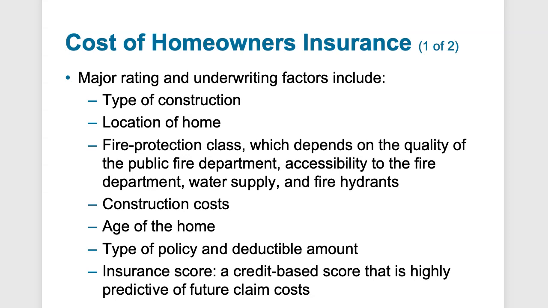But if your house is made out of cinder block and brick that is fire resistant, it's going to cost less to insure than a wood framed home, because the brick home is a lot more durable in weather-related events and also fireproof.